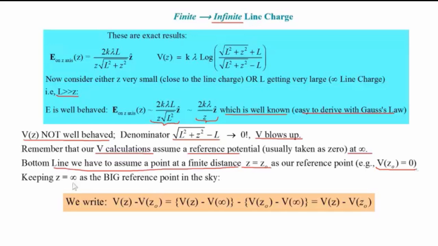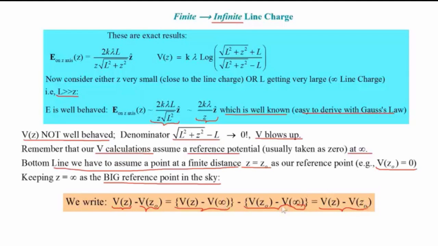Keeping z equal to infinity as the so-called big reference point in the sky, we would write the potential at z minus V of z0 is equal to, now get this, we're going to use the infinity potential for this term here, and we're going to use it again for this term right here. So we have this quantity here minus what looks the same except for that 0 there. Well, the two infinities cancel. Sneaky, isn't it? So these two cancel, and we're left with the value of V of z minus V of z0.